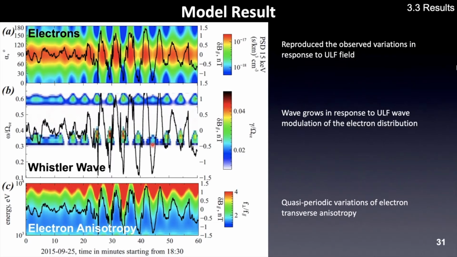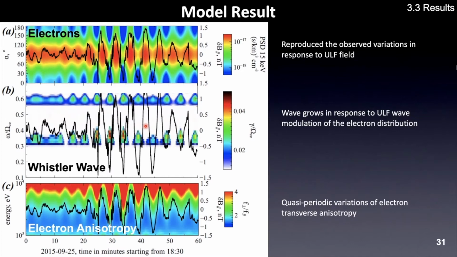So overall, we have a pretty good modeling of the electron distribution, the electron anisotropy, and the wave growth in a way that's very consistent with the observations. This confirms that our working hypothesis is right, so we can have more confidence to incorporate this process into our future precipitation model.